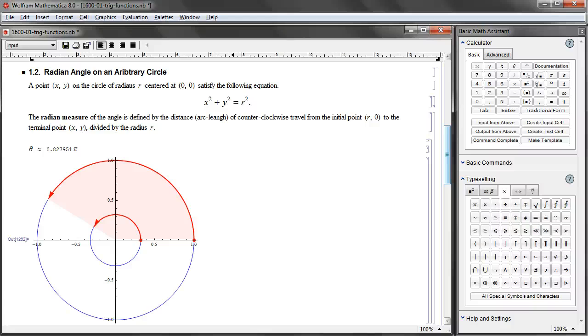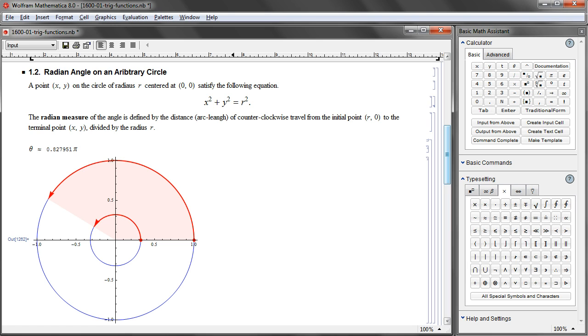The starting point is (r, 0), and if you simply measure the counterclockwise travel distance, the arc length, and stay there, then we'll have different arc lengths for different radii. However, by dividing all this arc length by the radius, we have the same quantity, and that's called the angle. And this kind of definition is a little bit more general and a little bit more useful.